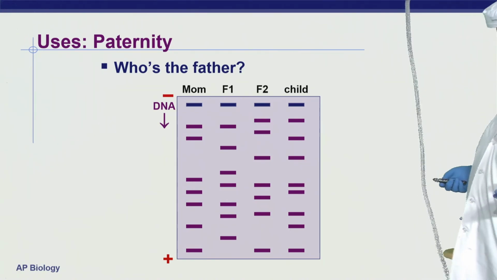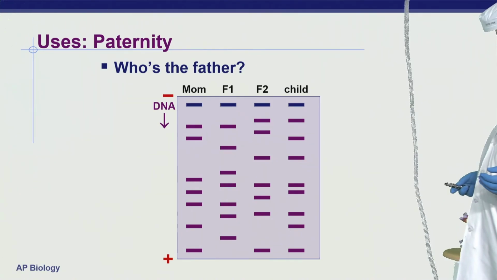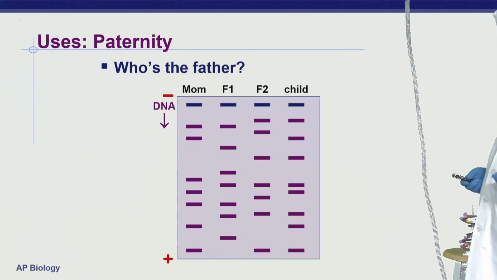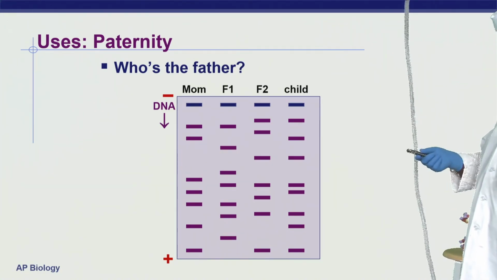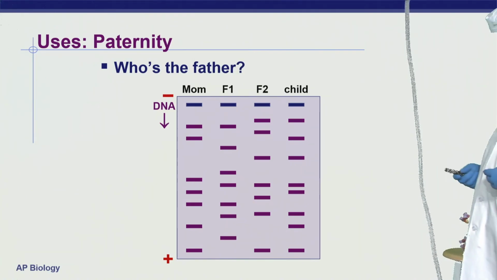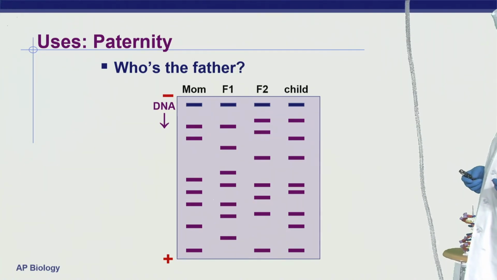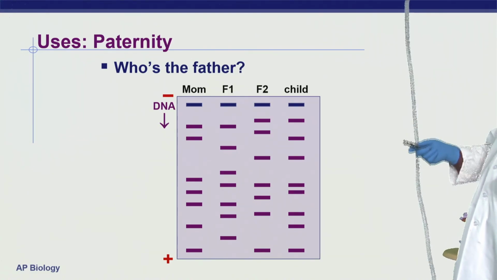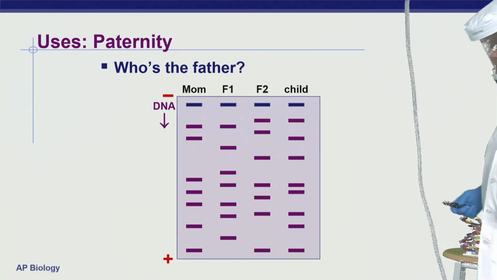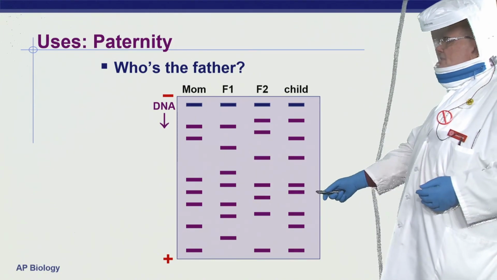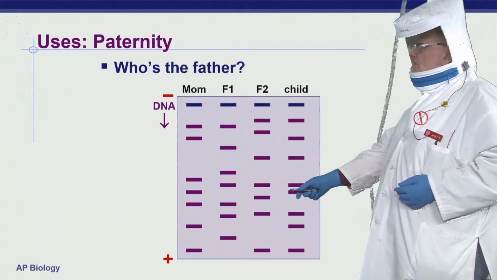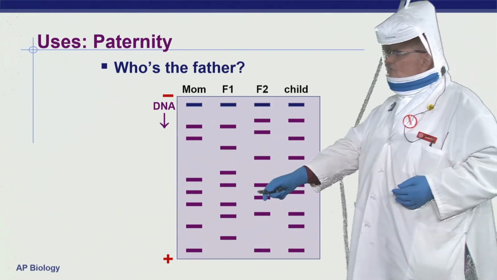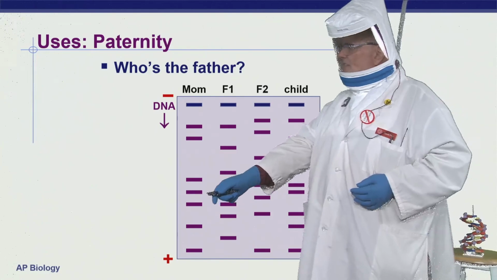So, the mother should not have the same DNA as the father. The child should have some DNA, same as the father. So when you look at these samples, you're looking to see, for example, this right here does not appear in either of the suspected fathers, but it does in the mother.